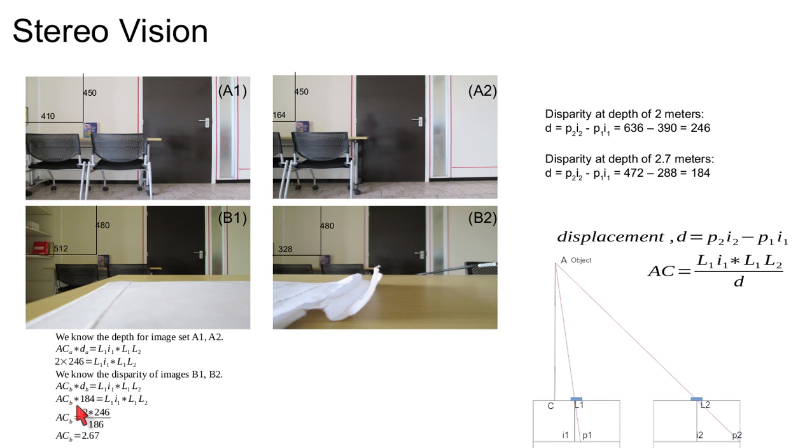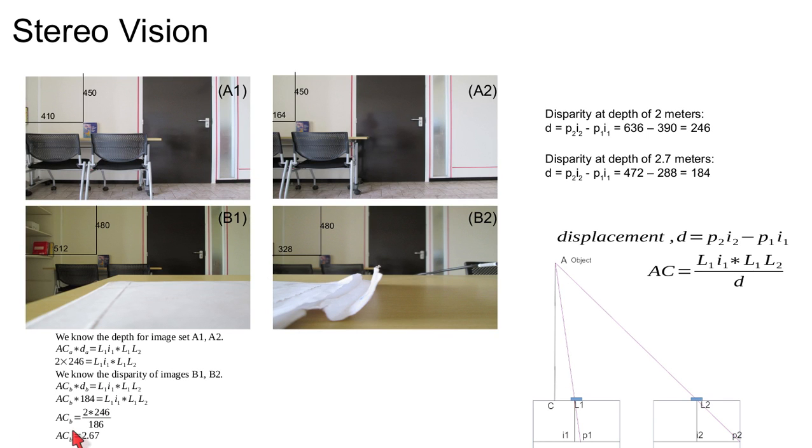That is ACB, that is the depth in image B, multiplied by the disparity in terms of pixels, that is 184, is equal to L1 I1 into L1 L2. By substituting the value of L1 I1 into L1 L2 from this equation into this, we obtain the depth of the object from the camera in the images B1 and B2.